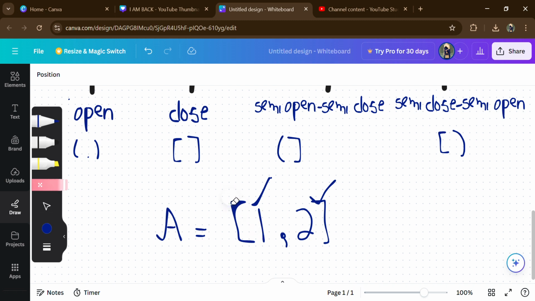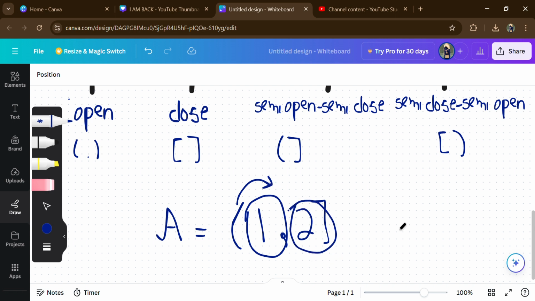On the other hand, if we are talking about semi-open and semi-closed, what does that mean? Now, as I stated before, this is the partial indulgence of both open and closed. So here, the 1 won't be considered since it's in front of the open bracket, but we'll consider 2 in the whole situation.